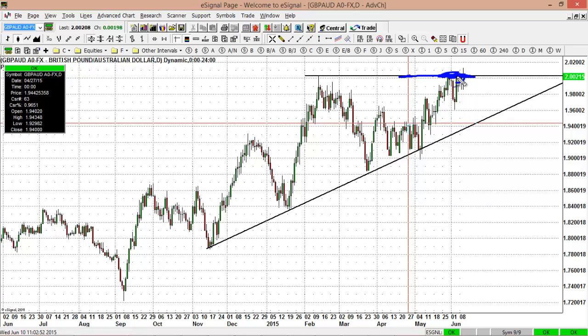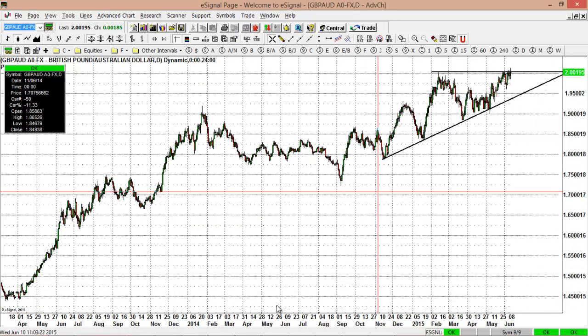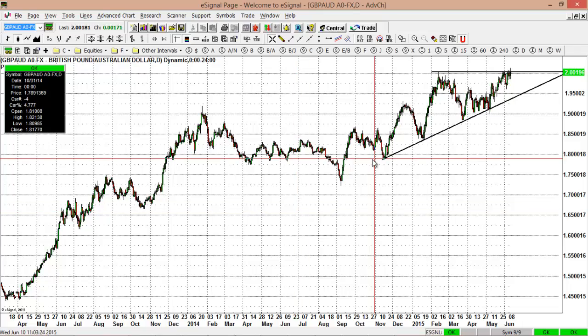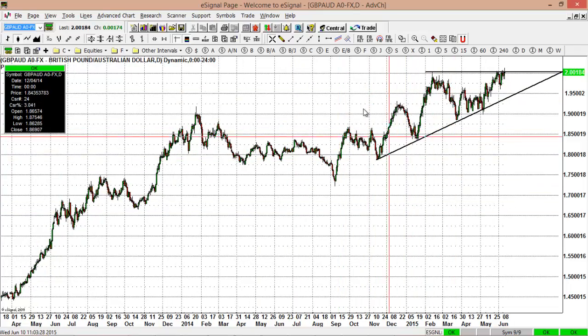And if this resistance holds, we could set ourselves up for a test of this uptrending line. And we will just have to see how the market responds to this uptrend line to see if we get a break of this triangle to the upside. So this is a potential trade setup that could yield quite a number of pips in the British pound, Australian dollar.